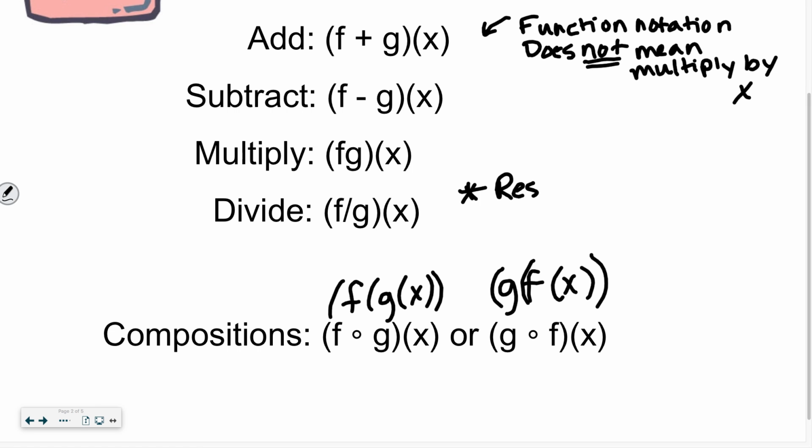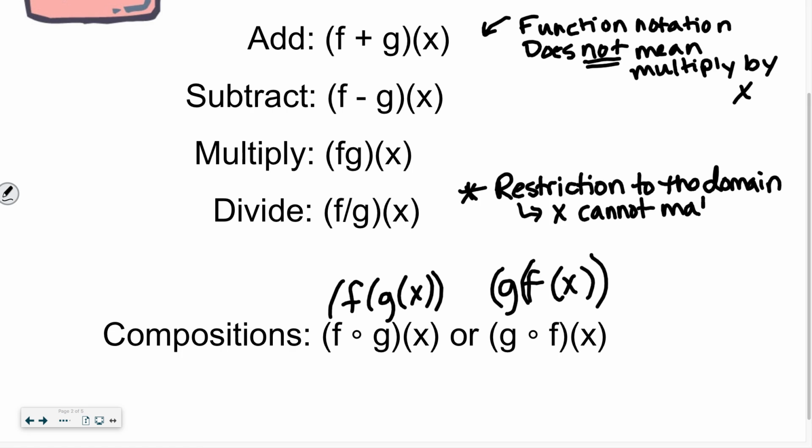So let's say restriction to the denominator, or restriction to the domain, sorry. X cannot make the denominator equal 0. So depending on what your denominator is, you might have to look, is there a way for that function that's in the denominator to equal 0?